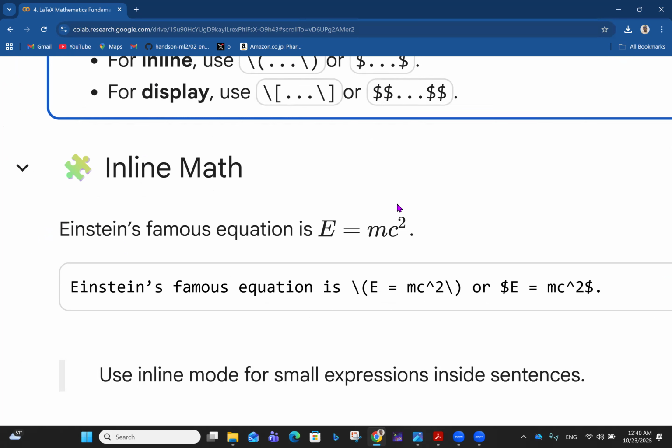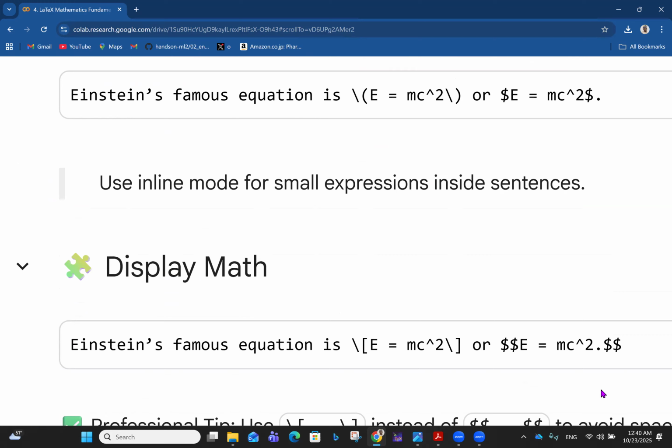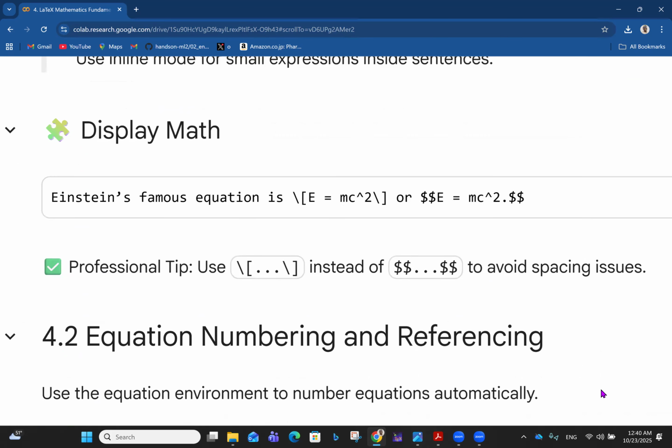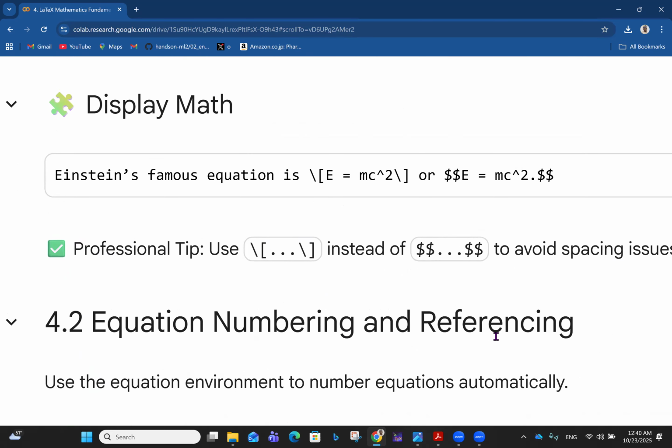This is inline because the equation is together with the sentence you're writing. It's more like you're writing a paper and just want the equation to be part of the sentence. You should use inline mode for small expressions inside sentences, within text. But if you want it to stand out, that's where display comes in. Einstein's famous equation is: you now want to display this.